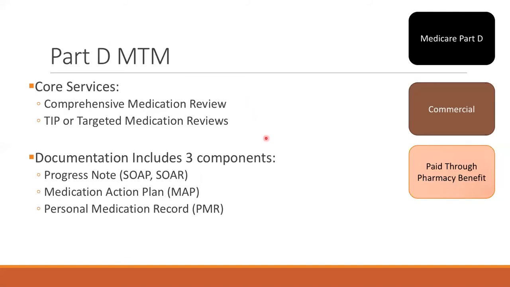The documentation includes 3 components: a progress note, which doesn't really have a defined algorithm, so often those are SOAP-based notes, and a medication action plan and a personal medication record or PMR.